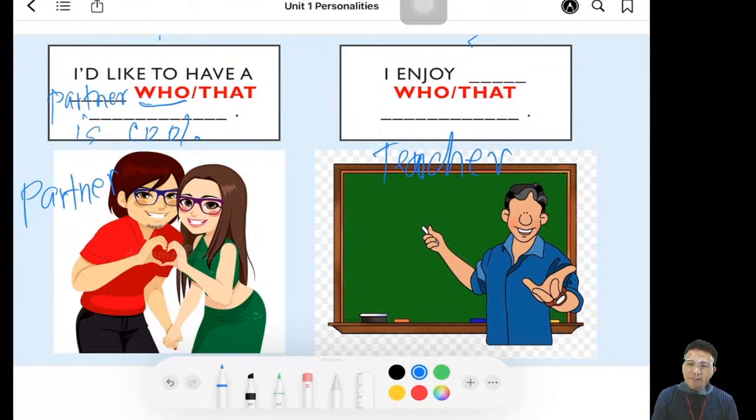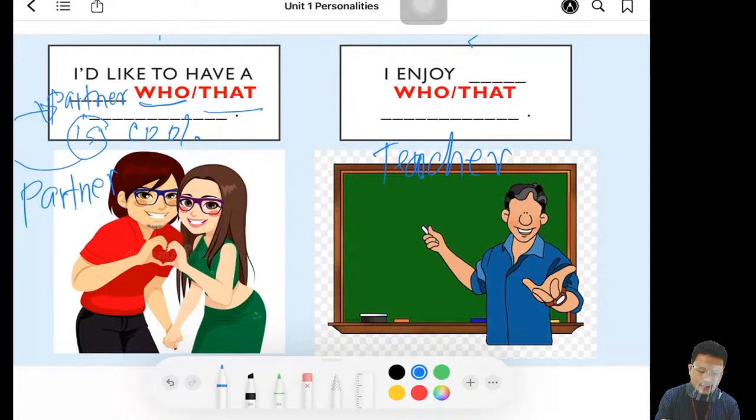What kind of partner would you like to have? I gave my example already. I'd like to have a partner who is cool, or I'd like to have a partner that is cool. You can use either of the two relative pronouns. It could be who or that. And it is always followed by is because we're talking about partner, and partner is only one.